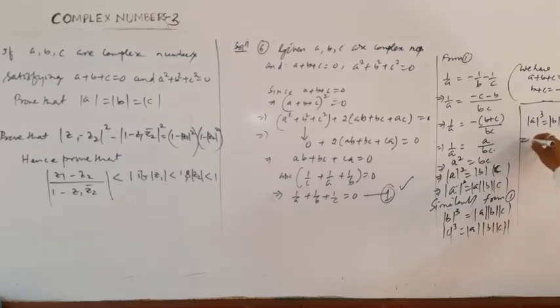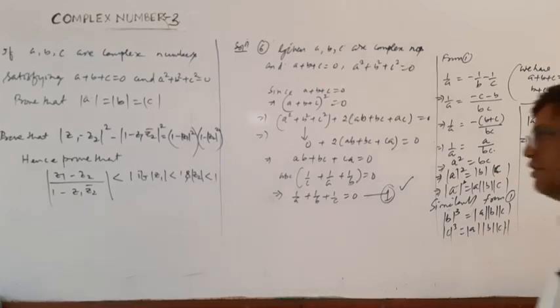That implies mod A is equal to mod B is equal to mod C. The moduli are equal. Clear?